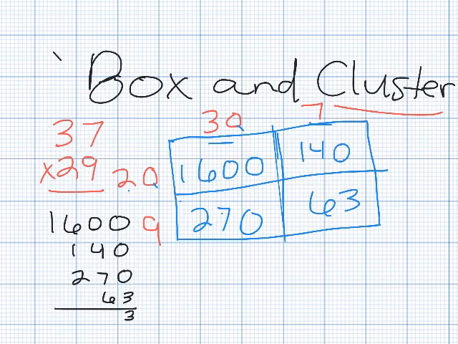In our tens column, we have 4 plus 7 is 11. 11 plus 6 is 17. Regroup our 1. 1 plus 6 is 7. 7 plus 1 is 8. 8 plus 2 is 10. Regroup our 1. And we have 1 plus 1, and that gives us 2. So our product is 2,073.